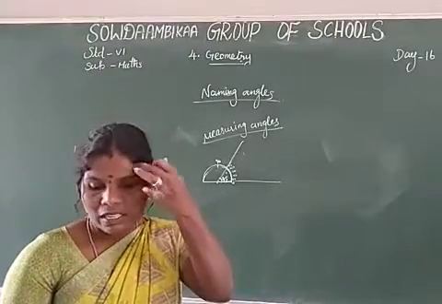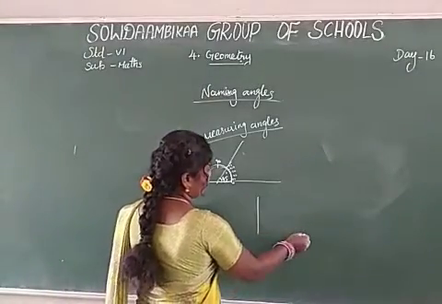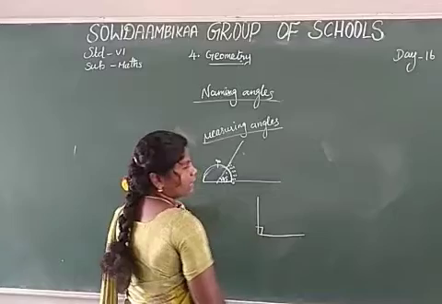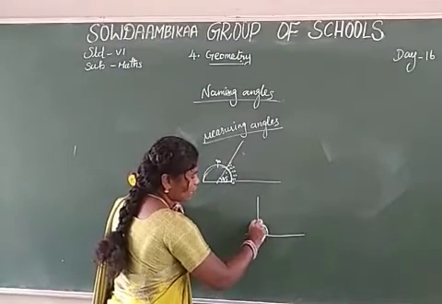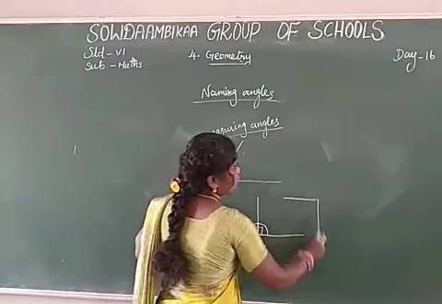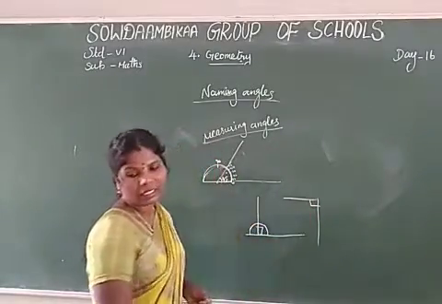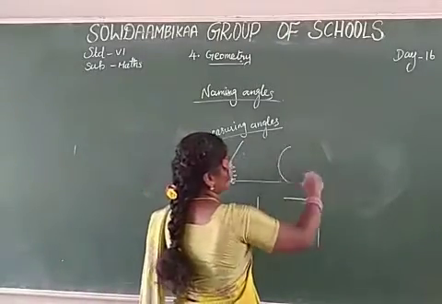Next, special angles. Special angles: 90 degrees, right angle. You put the protractor and show the 90 degrees. So this is a right angle. This is also a right angle. Already you know an acute angle is below 90 degrees.